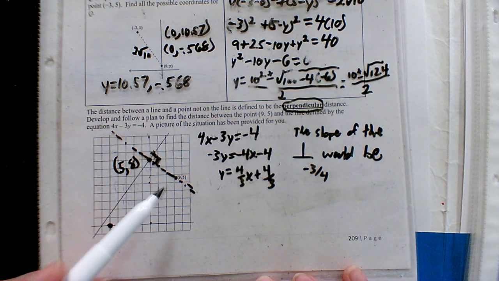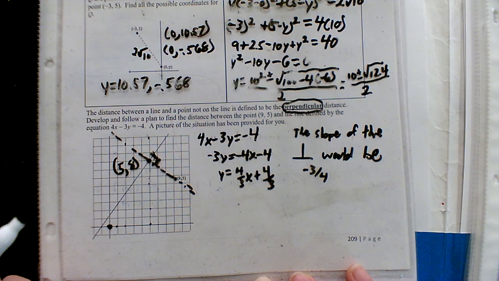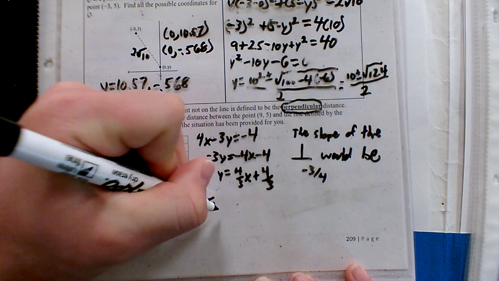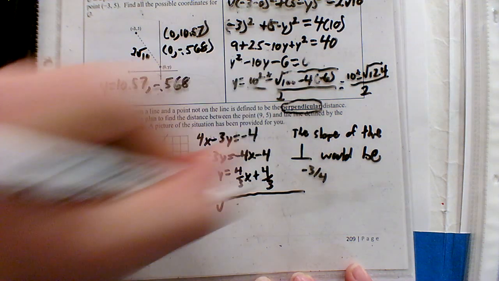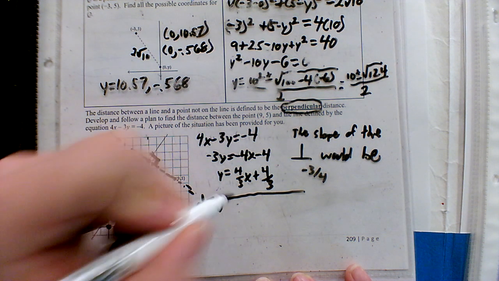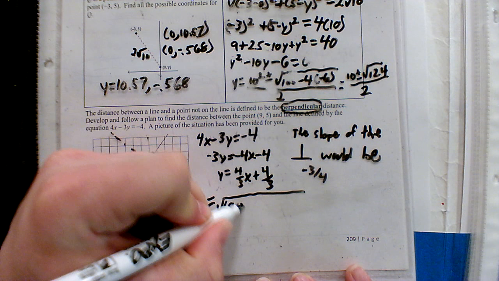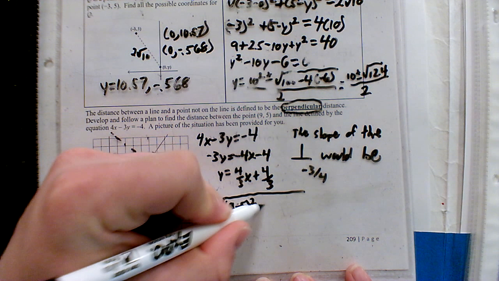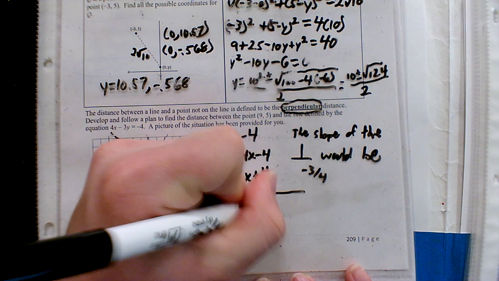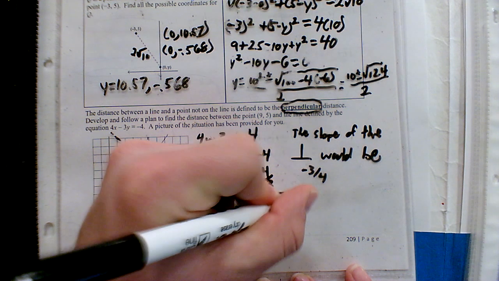So now we can find the distance from that point to that line. We go back to our distance formula. D equals square root. I'm going to start with this one, so 9 minus 5 squared, plus then I'm going to have 5 minus 8 squared.